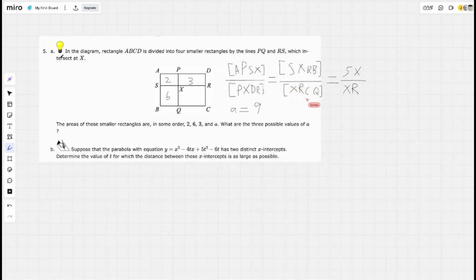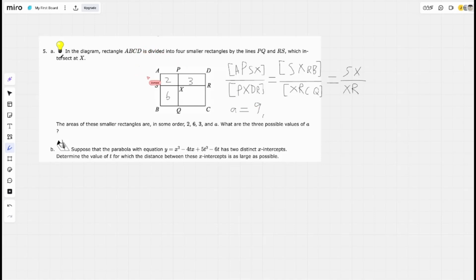Since SXQB is equal to 6, and this ratio is equal to 2 over 3, then XRCQ must equal 9. So another possible value of A is 9. This gives you the same answer as earlier, so that's why we don't need to consider this.